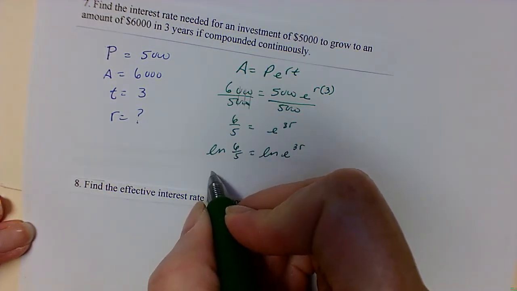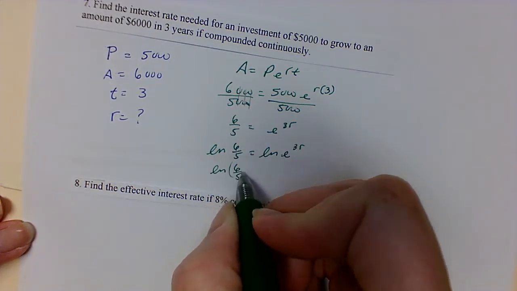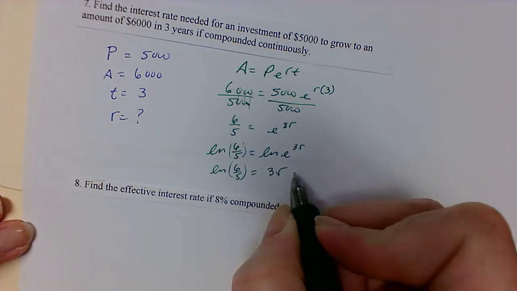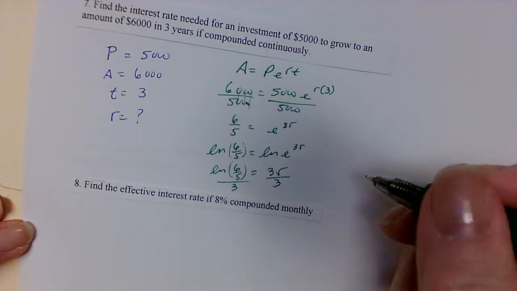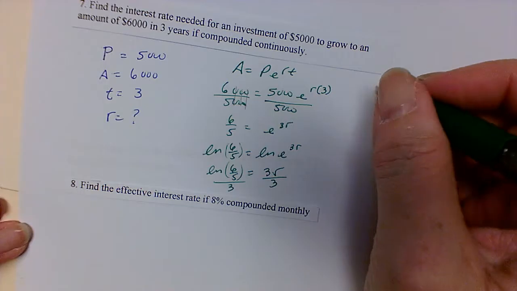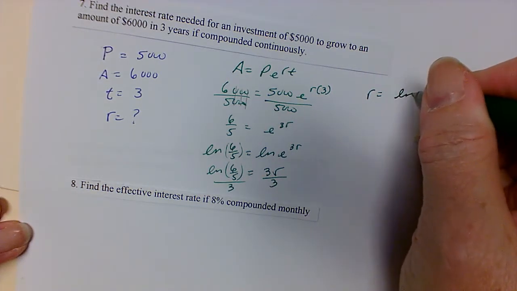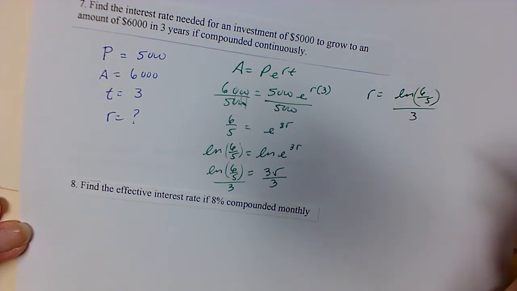So that will get us the ln of 6/5 is equal to 3R. All we have left to do is divide both sides by 3. So that tells us that our R is equal to the natural log of 6/5 divided by 3.